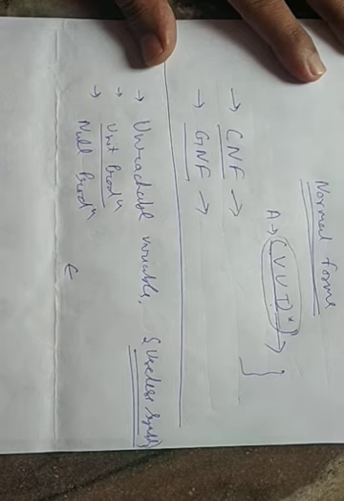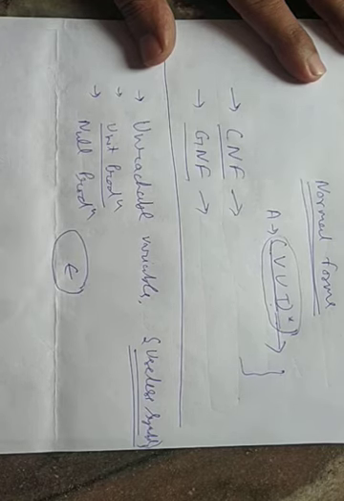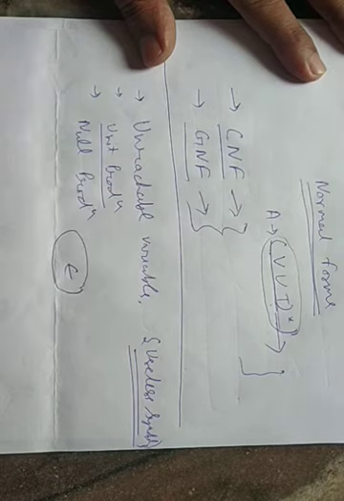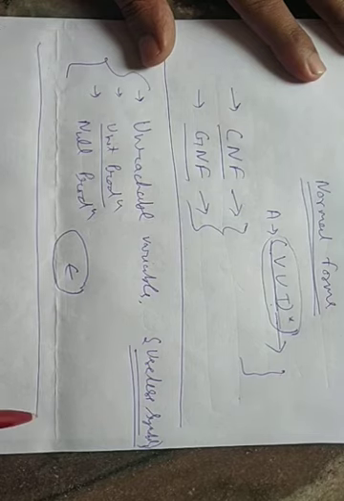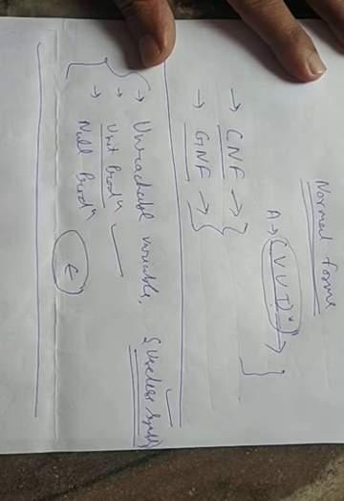In real-time implementation, you need to avoid this epsilon sign, which says it is null or nothing. So before I move into normalization techniques, I need to free my grammar from these three things: first useless symbols, second unit production, third null production.